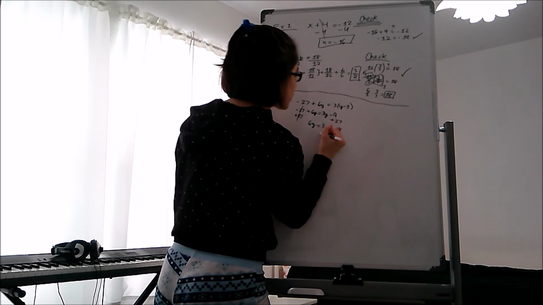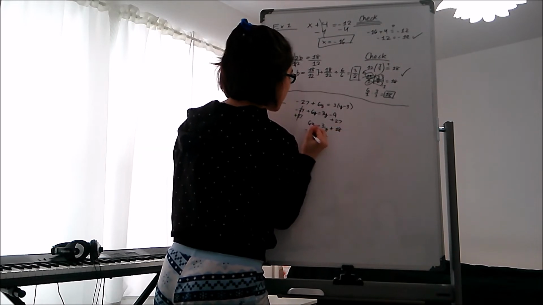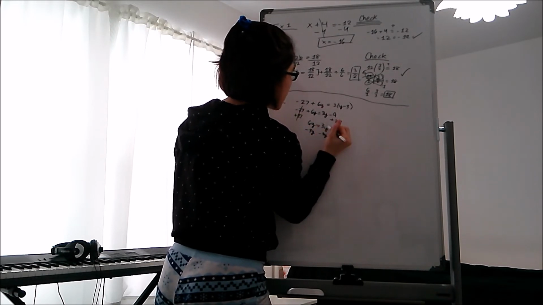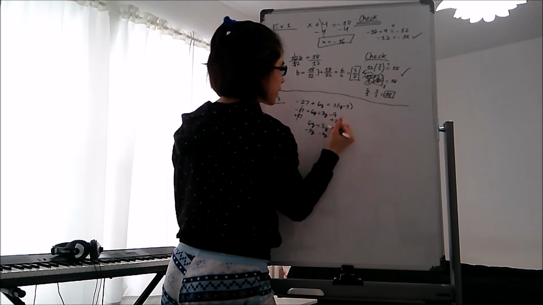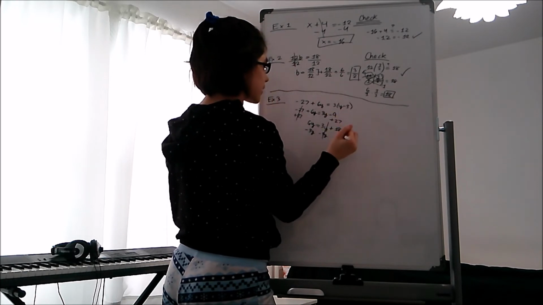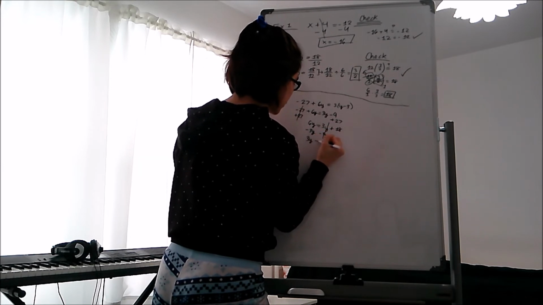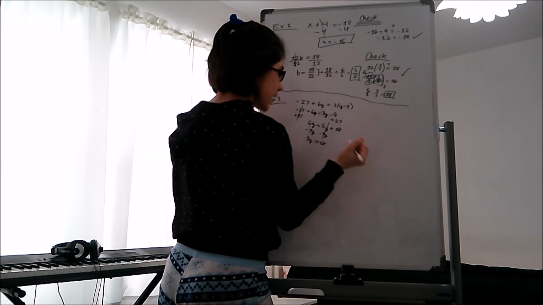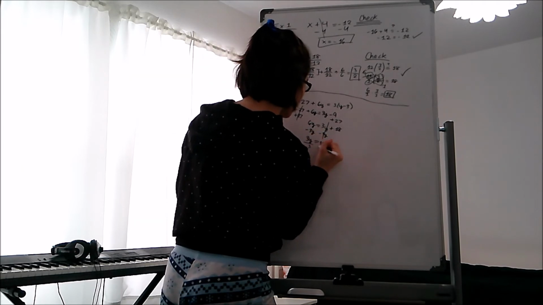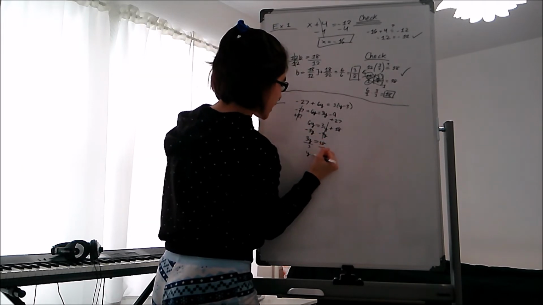Now I'm going to subtract 3y from both sides to get rid of this variable term on the right-hand side. So 6y minus 3y is just a positive 3y, so 3y equals 18. Now, divide both sides by 3, y equals 6.